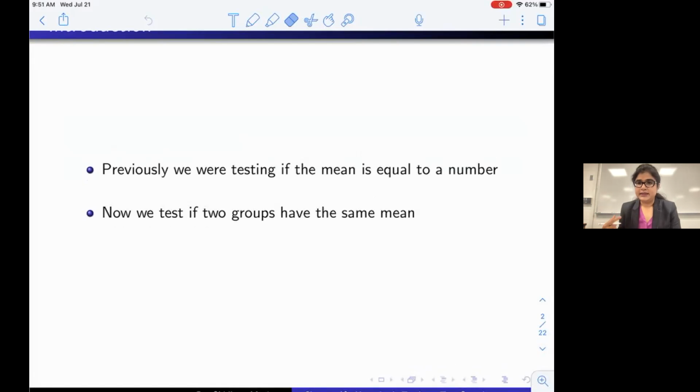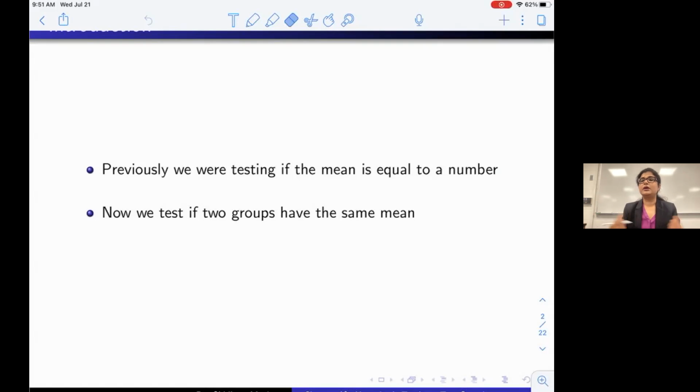Now we are going to test between two groups. Here we will have two groups and we are going to compare the data amongst the two groups. So we have two groups and two statements, and for instance, one group has one sample mean and another group has another sample mean.